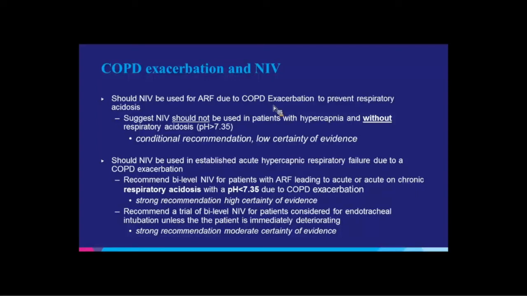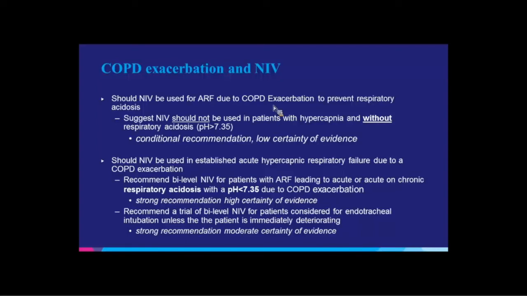So in this area, this is for the patient without respiratory acidosis at a pH of greater than 7.35. Their answer is no. They don't think you should do it to sort of prevent them from getting into extremis. This is a patient not yet in extremis. It's a conditional recommendation, right? So that's the same as weak, but they call it conditional here. Low certainty of evidence.